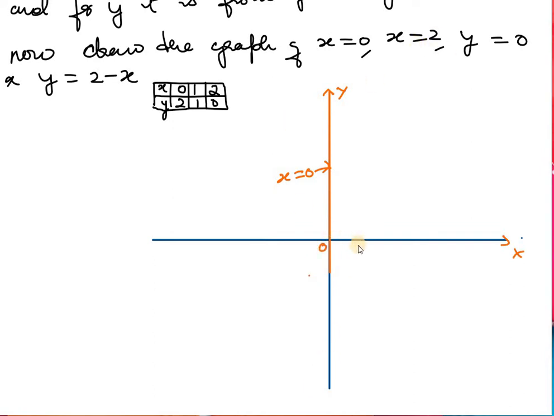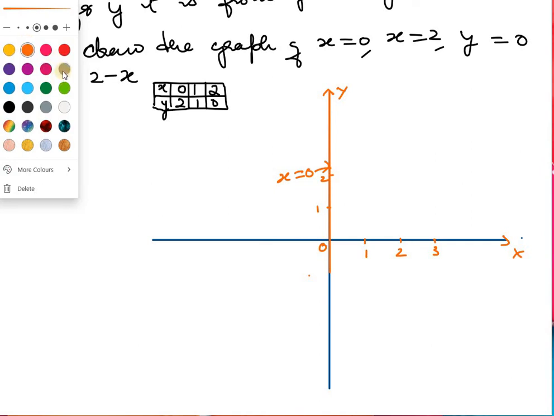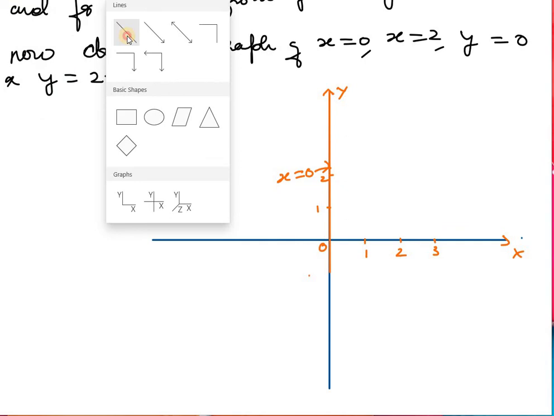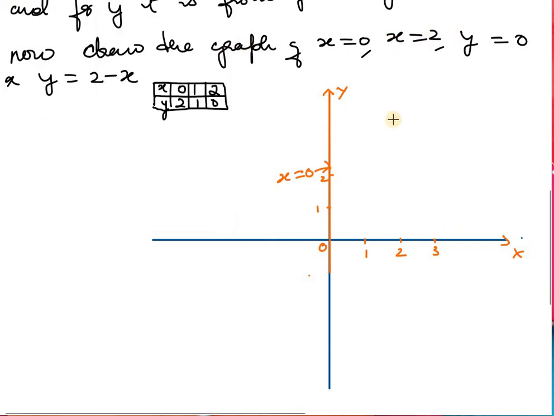So if you mark this point here as 1, then this you can mark as 2, 3. Then here also it can be 1, 2, and so on. So now what is x equal to 2? x equal to 2 represents a straight line which passes through x equal to 2 and is parallel to the y-axis. So you can draw the graph of this.